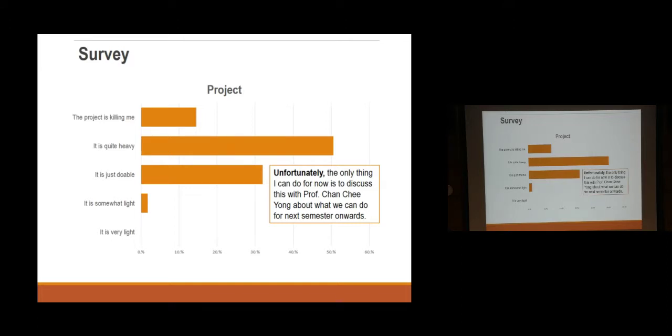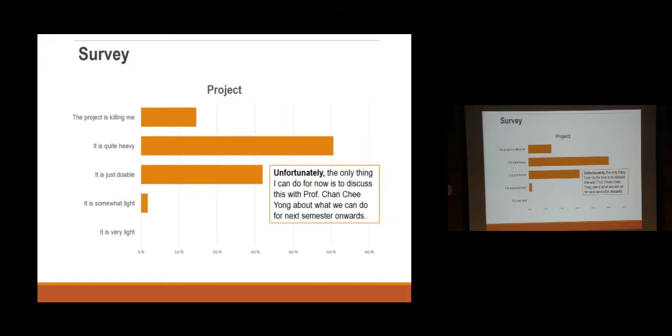None of my teammates went for the CS2103 lecture, and the first prototype was very, very bad. So our deal was that I did all the CS2103 project, and the rest of my group did the rest of the CS2102. So I didn't really know exactly how much work is required for this module.